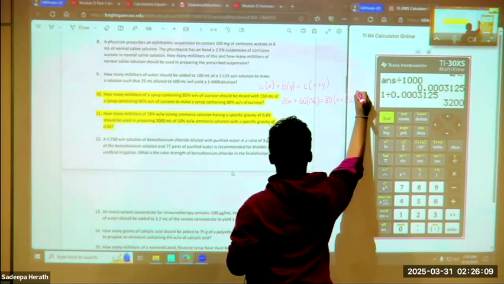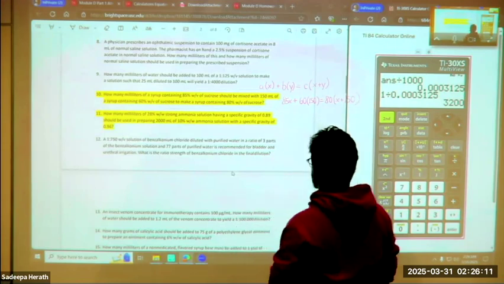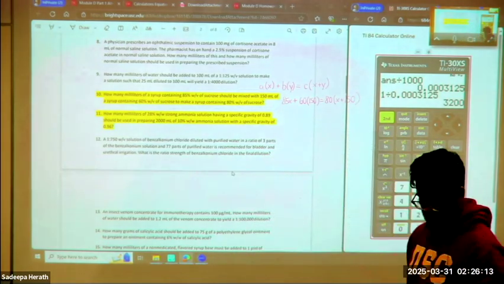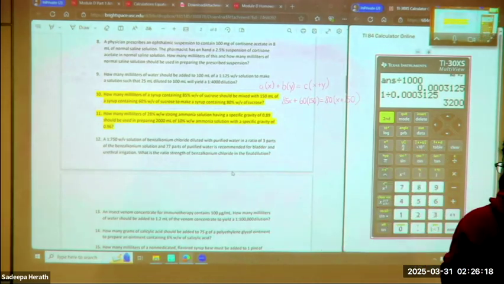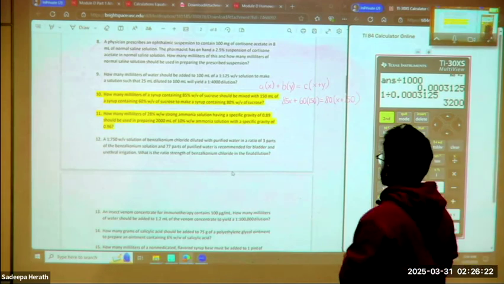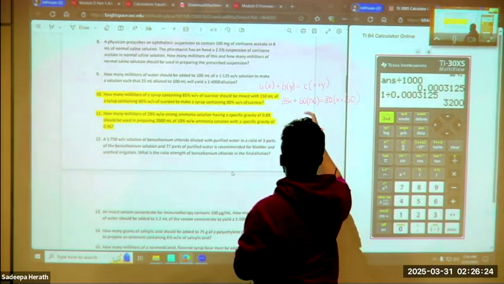We already know what y is. Y is 150. So we could just put that right in.